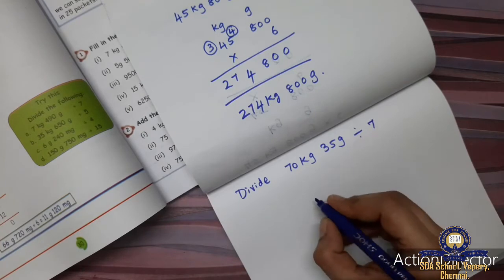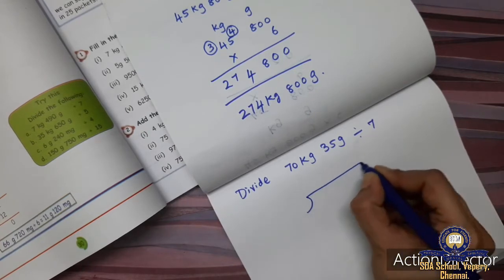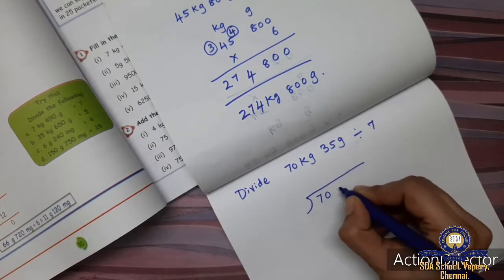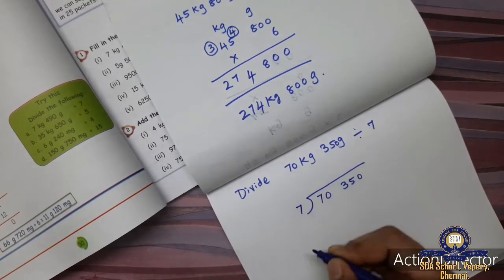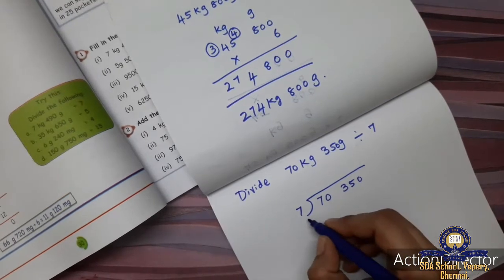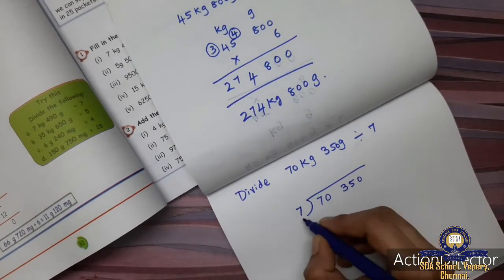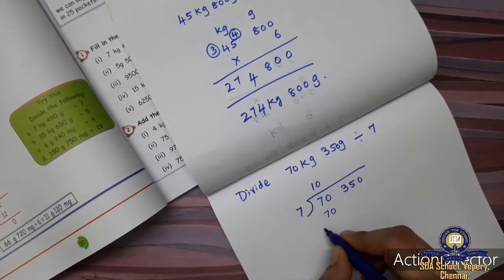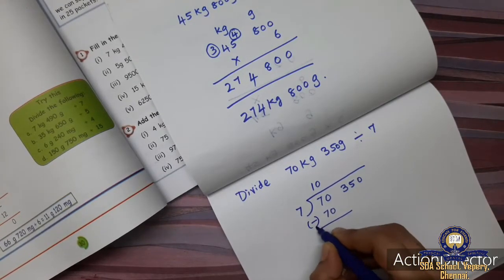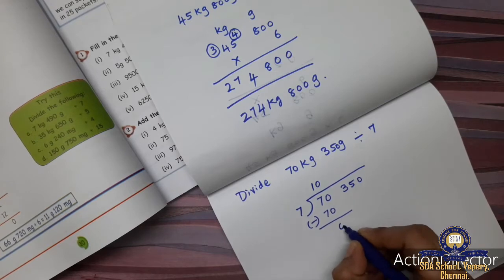First write the number 70 and 350. 350 divide by 7. 7 tens are 70. 70 minus 70 is 0.